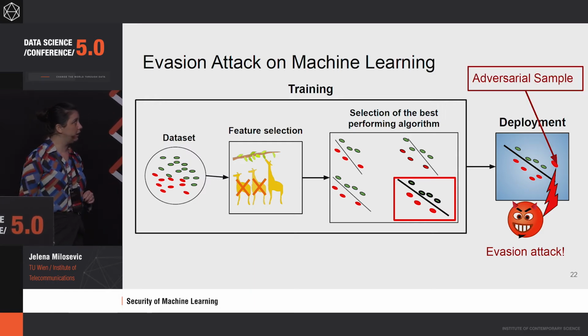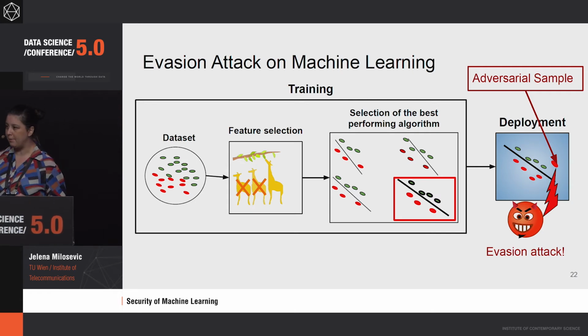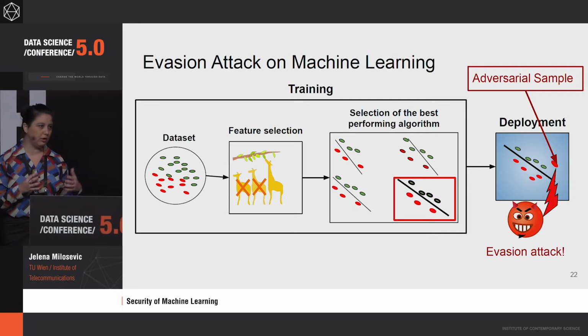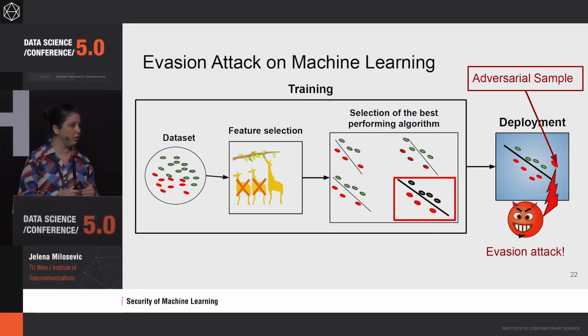Such an instance in the adversarial machine learning domain is called an adversarial sample, and it refers to the fact that it is a maliciously created instance with a goal to cause misclassification on a machine learning based system.